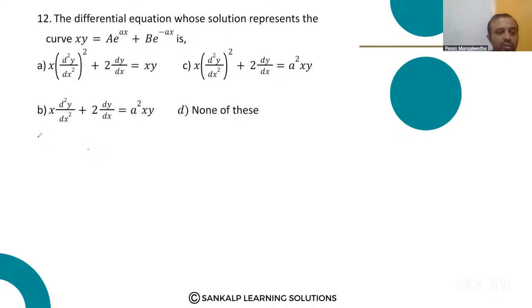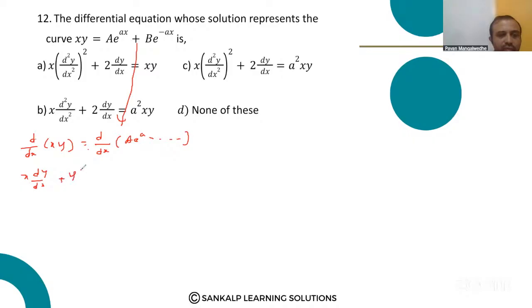We'll start with the given equation. Differentiate xy with respect to x. d by dx of xy is equal to d by dx of the given equation, so it can be written as x into dy by dx plus y into d by dx of x, which is 1, that is y.